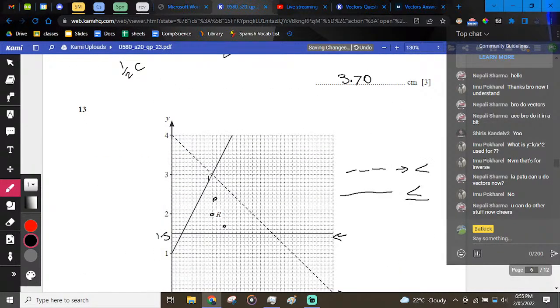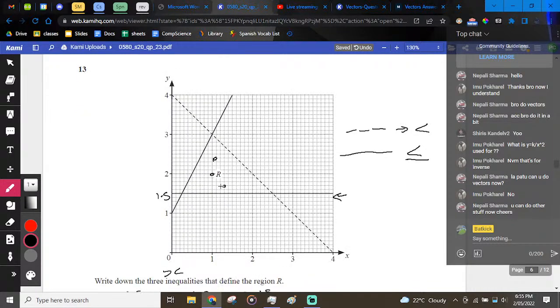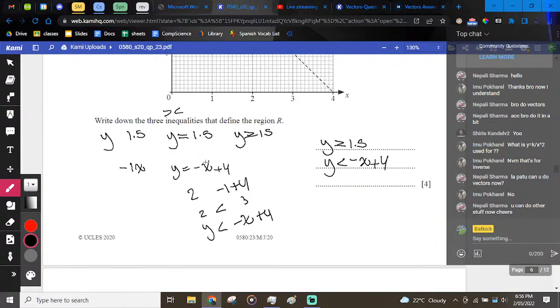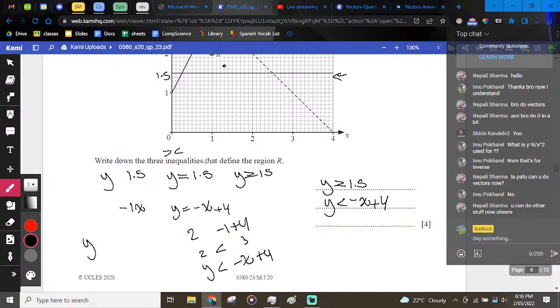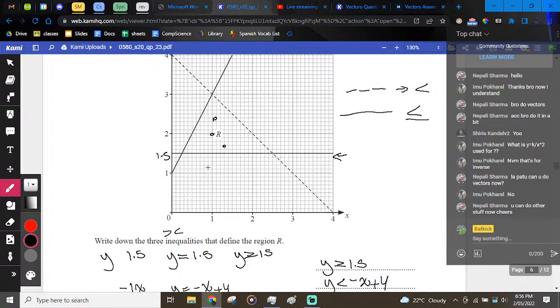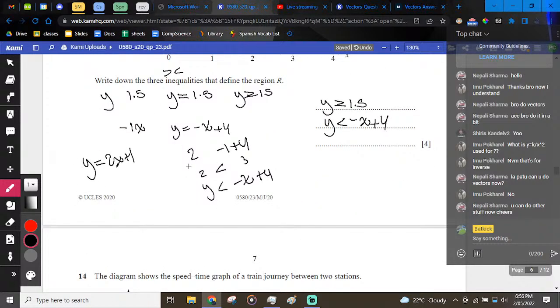And last line, this one, gradient is 2. Y-intercept is 1. So y equals 2x plus 1. That's this line here. Pick this point again. Substitute in values. 2 equals 2 times 1 plus 1. It's not equal, actually. 3. Which one's greater? This one.